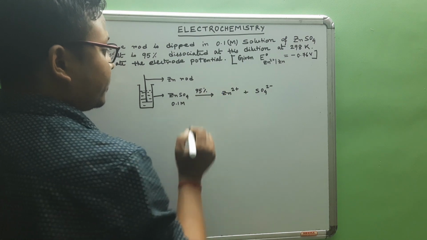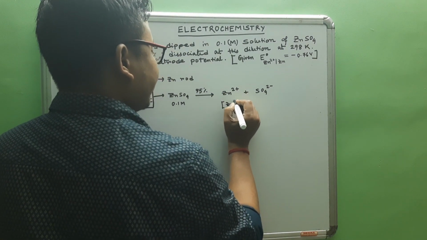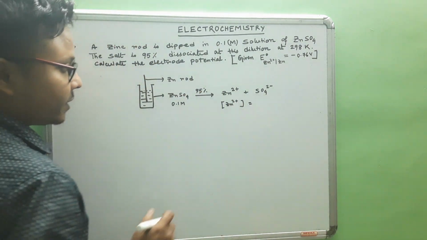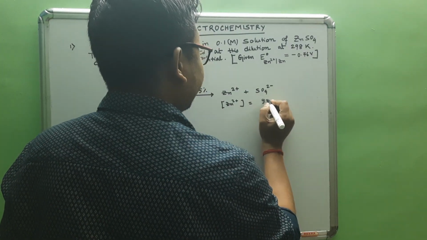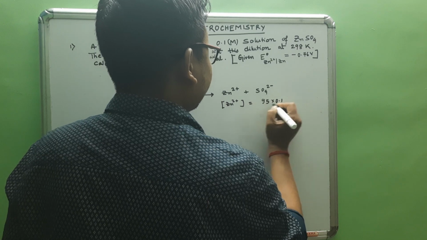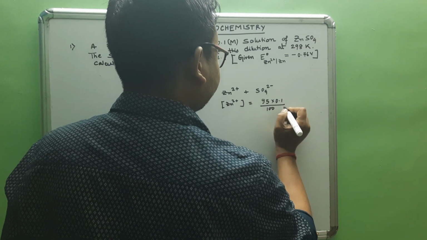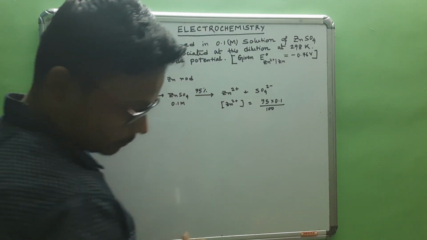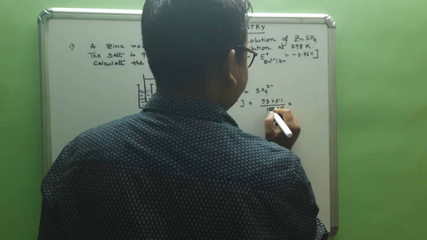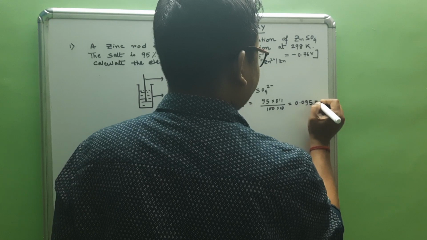95% dissociated. Therefore, the concentration of Zn2+ will be 95% of zinc sulfate. That means 95 into 0.1 by 100, which gives 0.095 molar.